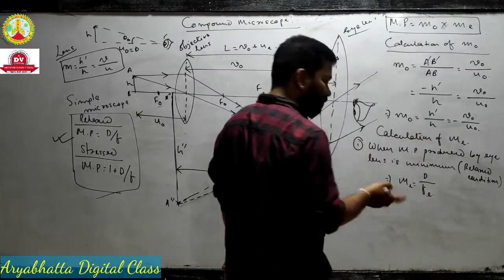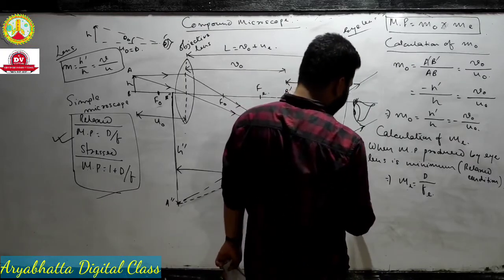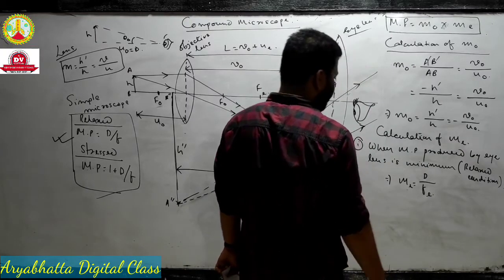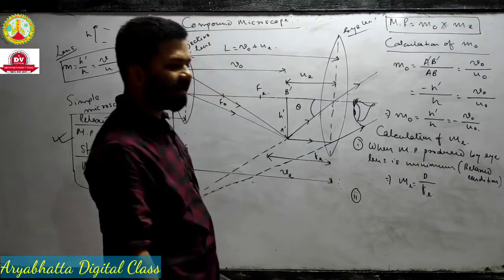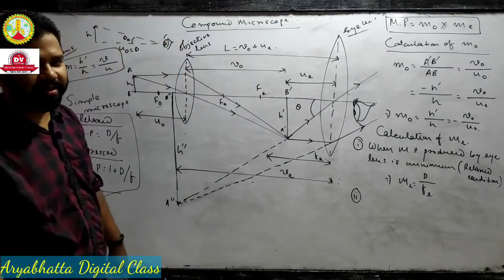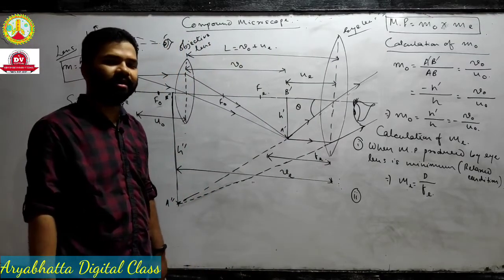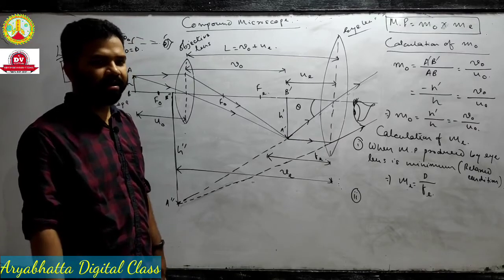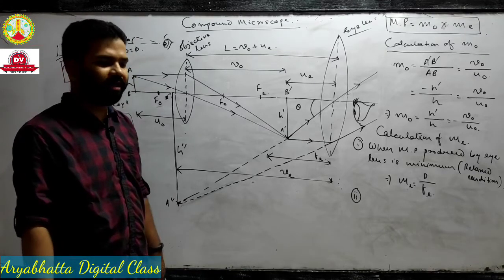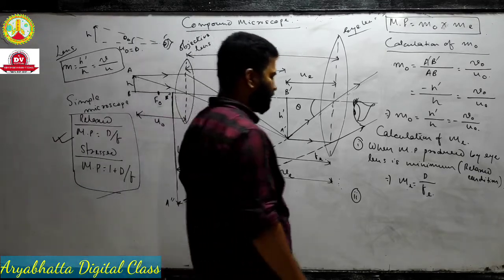Another situation: when the magnifying power produced by the eye lens is maximum, power is maximum when the ciliary muscles are in stressed condition. Power maximum means focal length will be minimum. So this is the stressed condition.